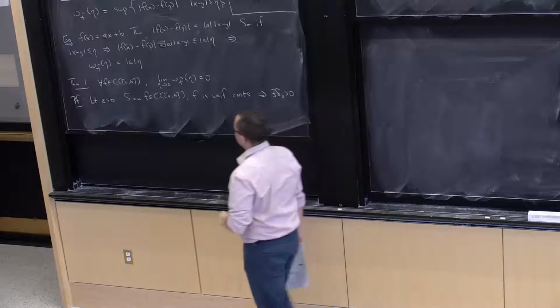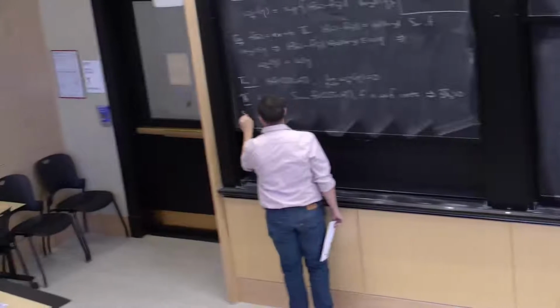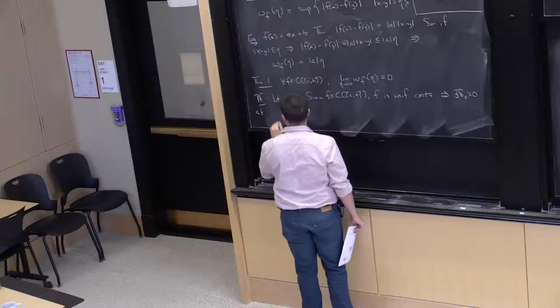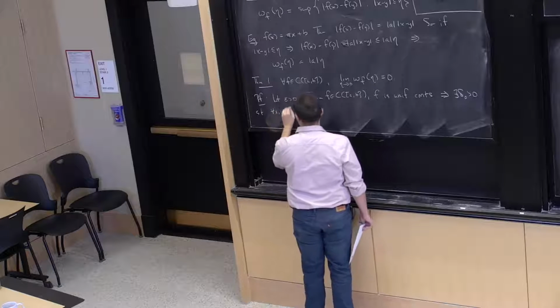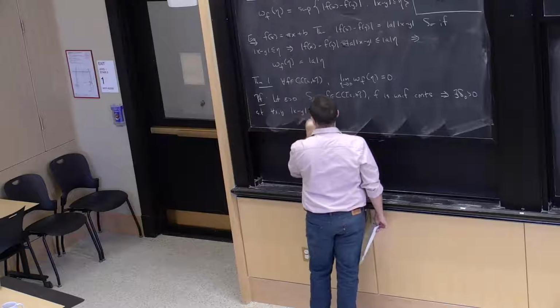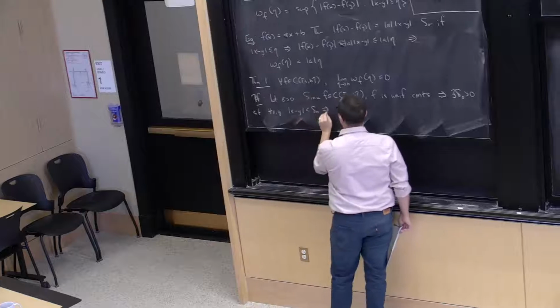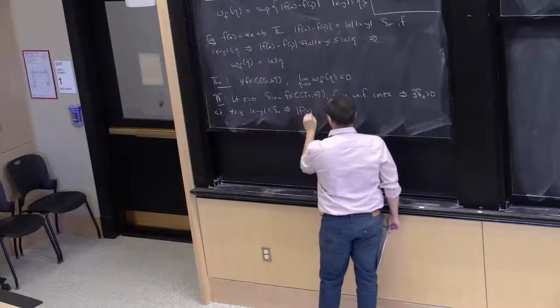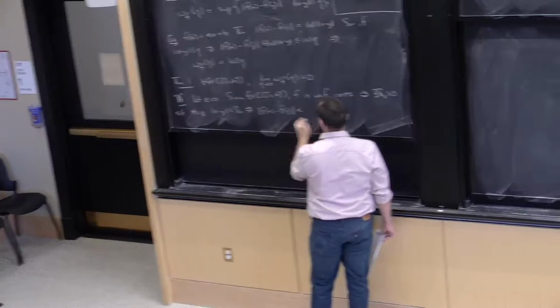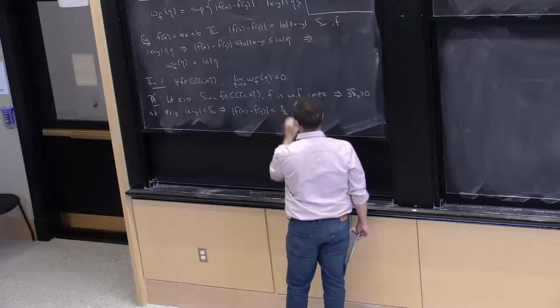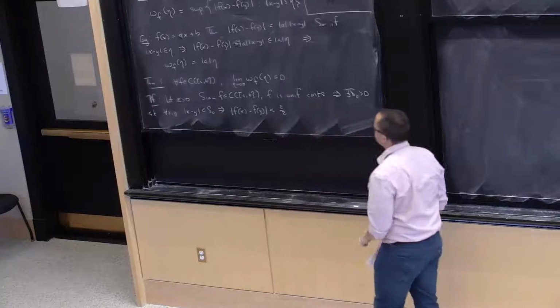This means that there exists delta 0 positive such that for all x and y, the absolute value of x minus y less than delta 0 implies that the absolute value of f of x minus f of y is less than epsilon over 2. I'm going to give myself a little space here. Okay?